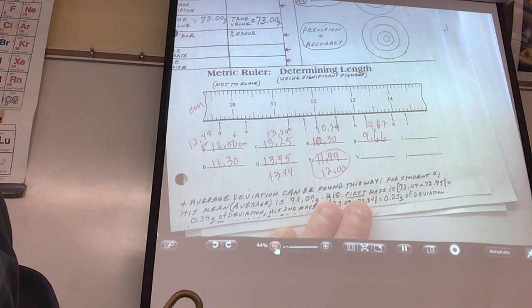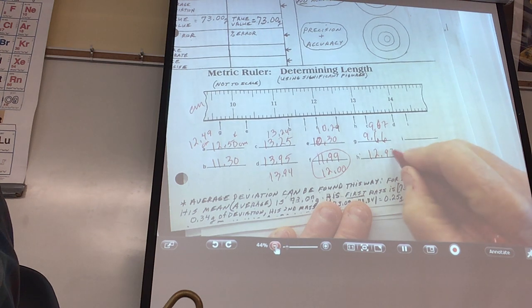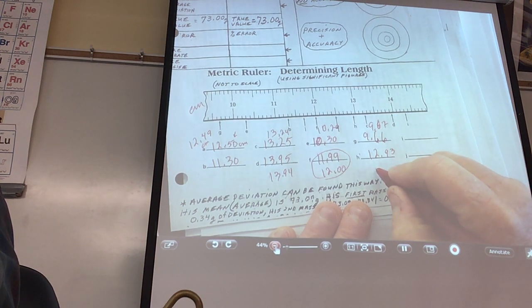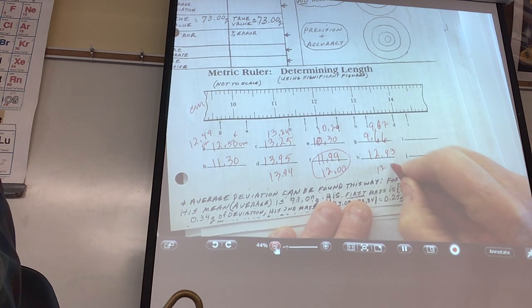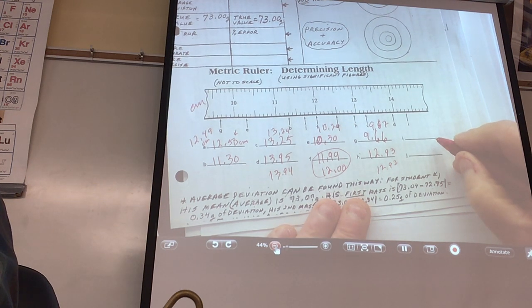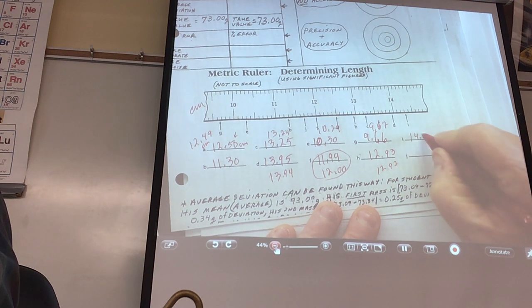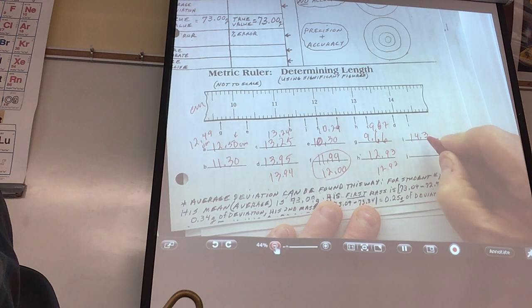All right, I had 12.92. 12 point what? 9? 2? 3? Did anybody have 12.92? 12.94? Okay, I like both of those. Okay, and let's go to I. All right, Matthew said 14.31. All right, 3-1.